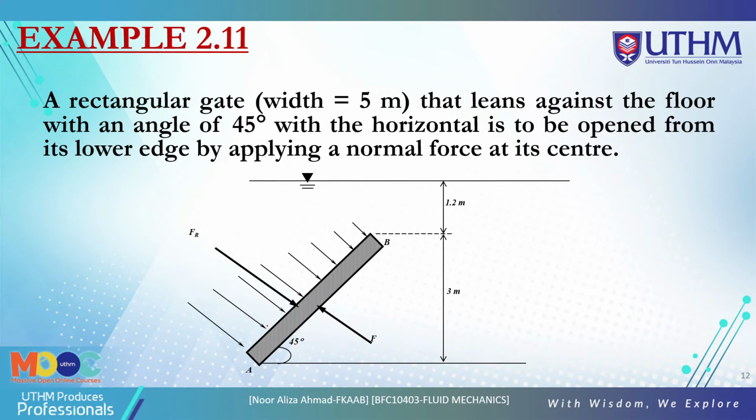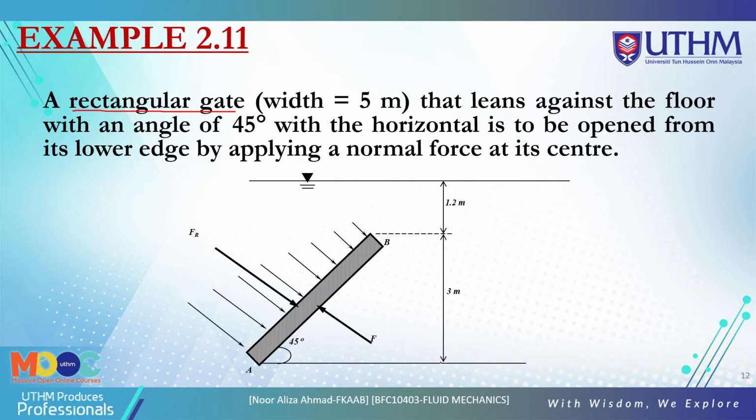Okay, now we look at an example. The example here uses an inclined plane surface, using a rectangular gate. When using the rectangular gate, you must refer to the moment of inertia for a rectangle. A rectangular gate, 5 meters, leans against the floor with an angle of 45 degrees with the horizontal.